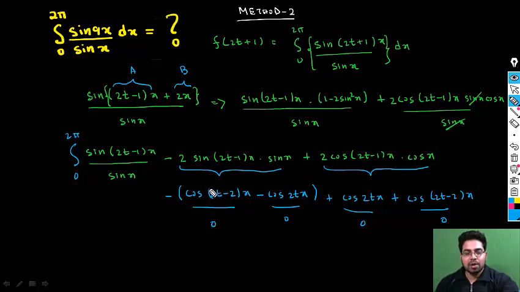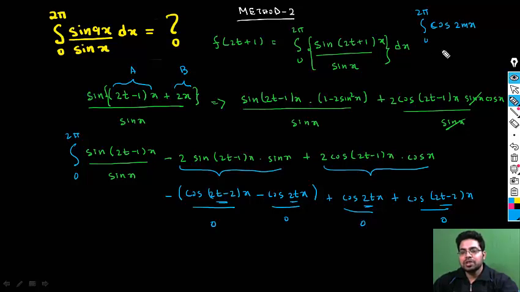If you look at this problem carefully, this term inside the cos is even: cos of 2t minus 2, this is even, cos 2t, this is also even, here cos 2t, this is also even, and cos of 2t minus 2, this is also even. So what will happen, let me consider if I have cos 2mx, where m is an integer, from 0 to 2 pi. I am stating that this would be 0 whenever this term inside the cos is even.